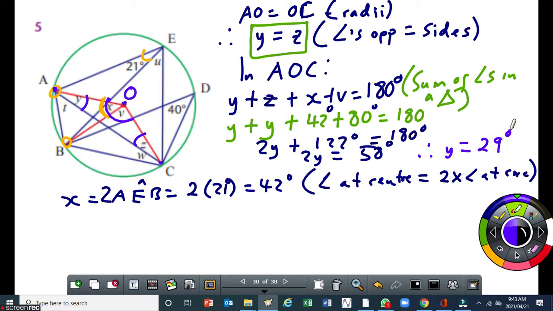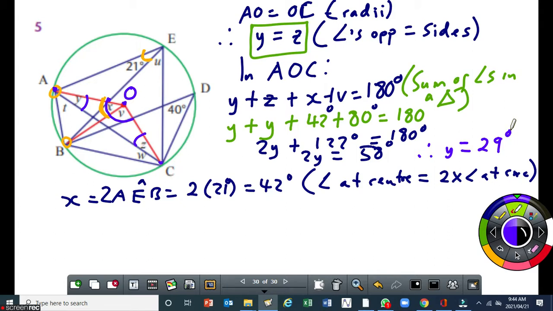So that was the question: how do you even see that? My answer is we have to use the fact that y is equal to z to get y. So you just change z to y, because they are equal.